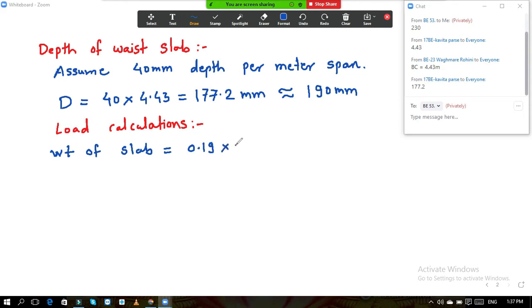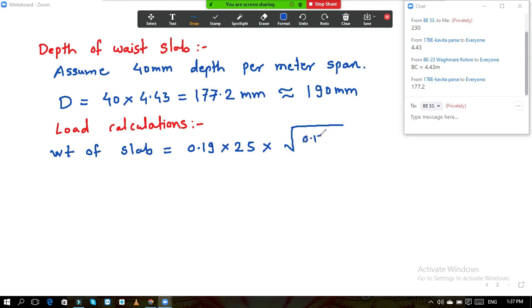Now I will write here directly: into 25, into, as the slab is inclined, we take into account one factor, that is root of r square plus t square divided by t. In the numerical they have told you that the staircase with open well has step size 280 by 150, so it is given in the problem.